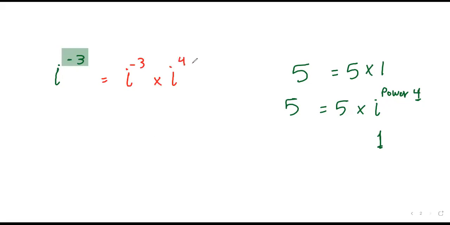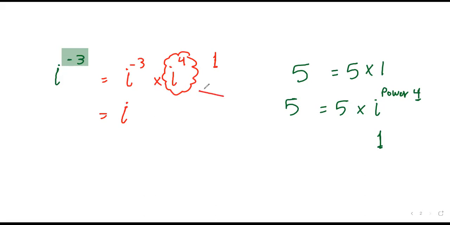And why did I use this strategy? i raised to the power of 4 is 1, so I didn't change the question, I just multiplied it by i raised to the power of 4, which is 1. And when multiplying like bases, we add powers. So we write i, and then we add negative 3 plus 4, which is 1. So it's i to the power of 1.